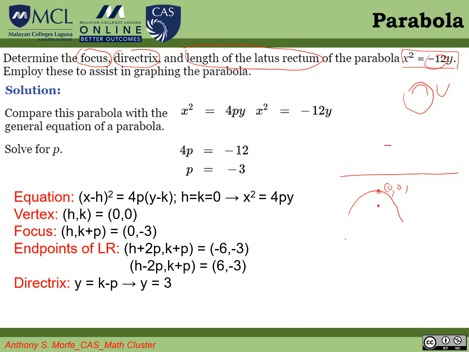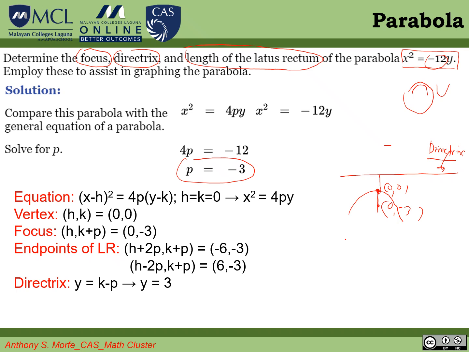The focus is here, which is 0, -3. This is the directrix. What is the length from the vertex to the directrix? That is p, right? But what is p?